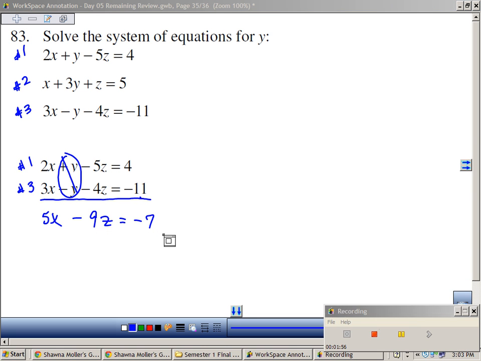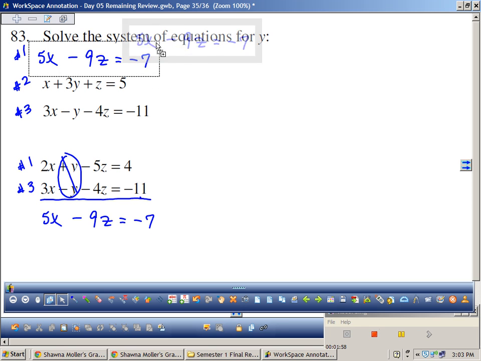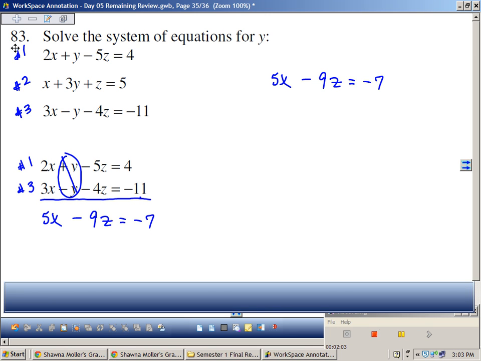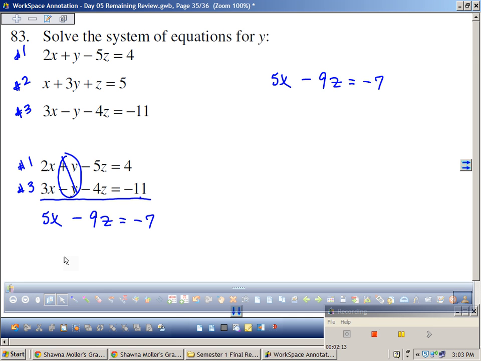There is one equation for my new system of equations. We need to create another one. I can't use 1 and 3, but I could use 1 and 2, or 2 and 3. First of all, what are we trying to eliminate? Y, because that's what we eliminated before.